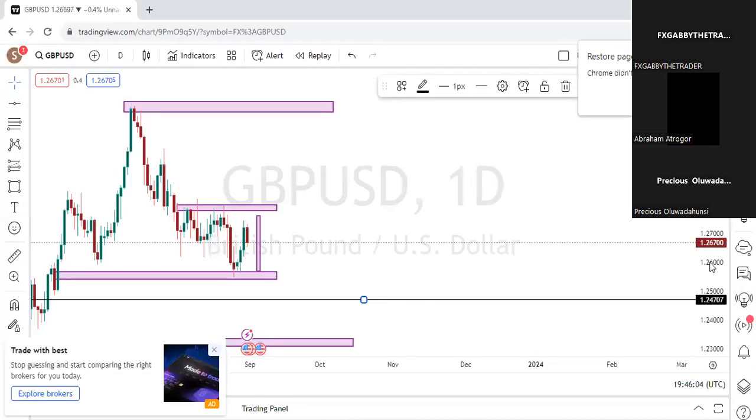Who can tell me the current market price GBP is sitting at right now? Can you call the number out for me, so we can copy it out? It's 1.26700. All right, so you write that price down.